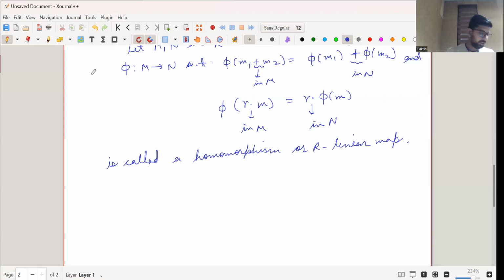Now the next thing is what is known as a bilinear map.